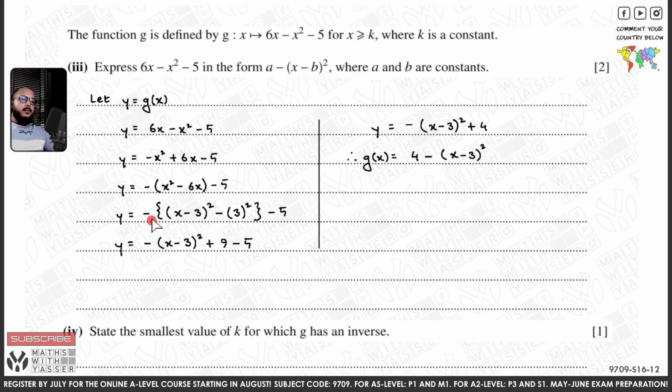And then we can expand this outside bracket. So it will be minus (x minus 3) whole squared, and this is minus 9. So my double negative will make this positive. So it will be positive 9 minus 5, which gives us y is equal to minus (x minus 3) whole squared plus 4. But since they have asked us to express it in this format, it will be 4 minus (x minus 3) whole squared.